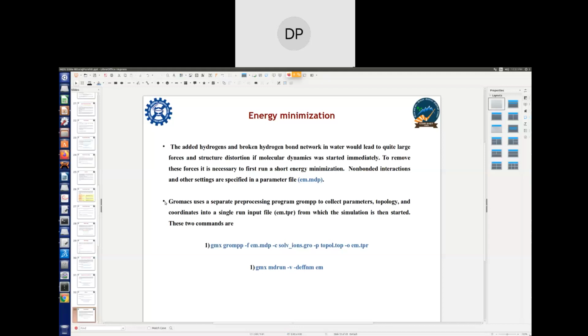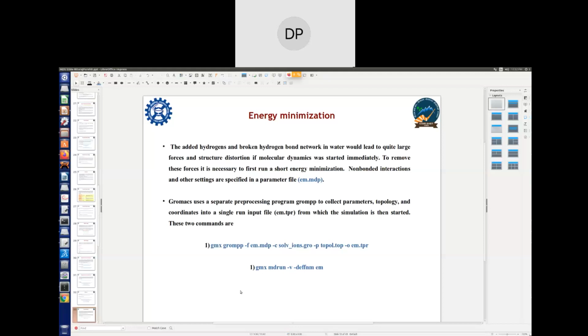Because after adding these ions, after adding this solvent, or whatever you have added into the box, which is required for the physiological condition, that can create some artifact if the energy is not properly minimized. So before starting the simulation, we need to minimize the complex energy, or the entire simulation box.